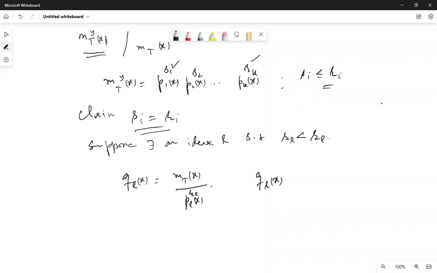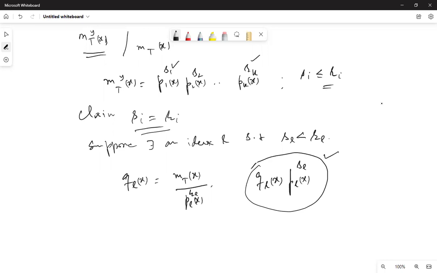If I take this qL(x) and pL(x) raised to the power sL, I take this polynomial, this is a polynomial by which my m_{T,y}(x) would be divided.